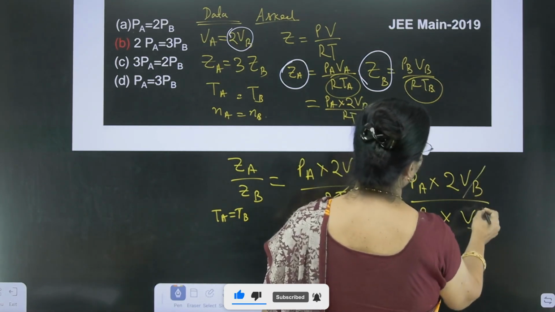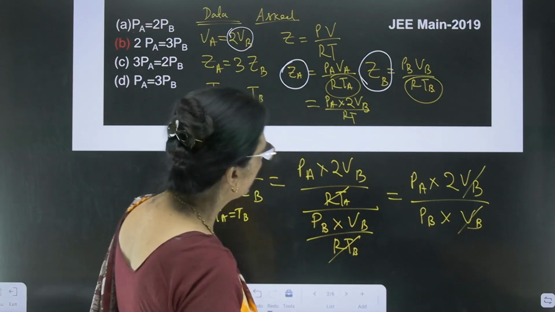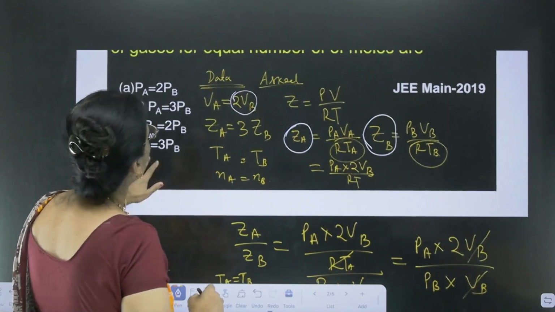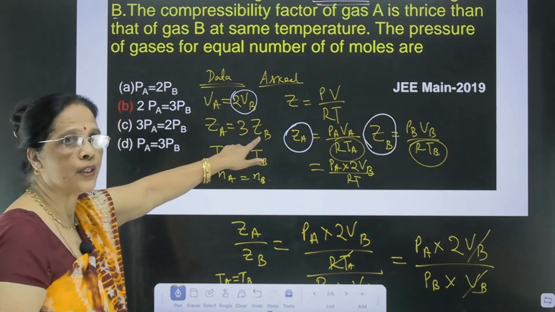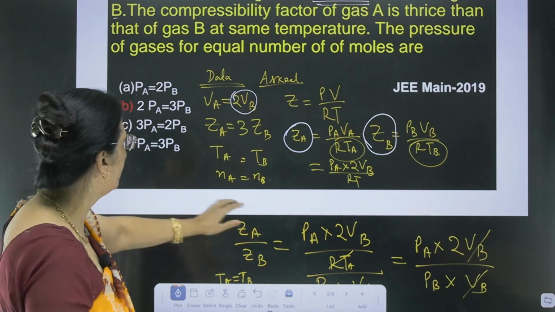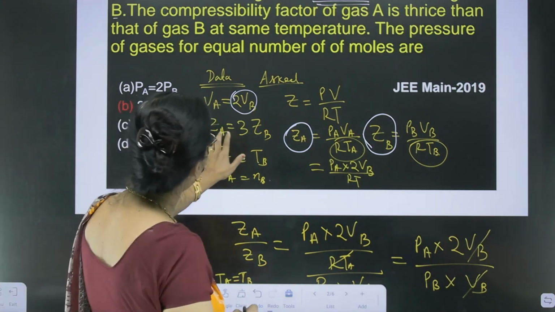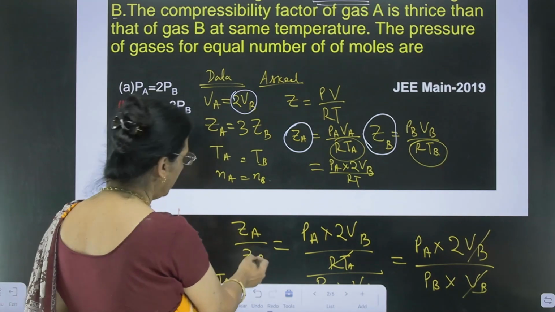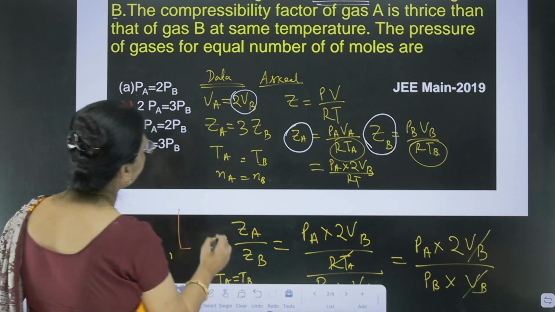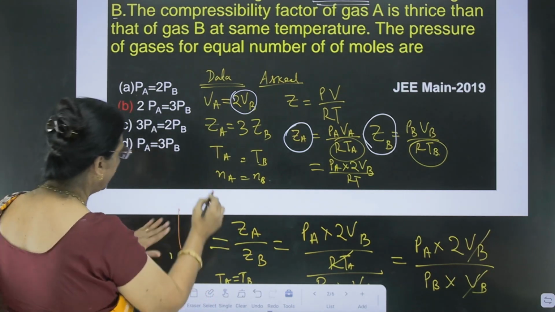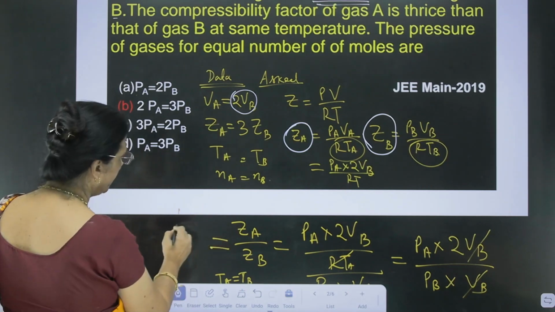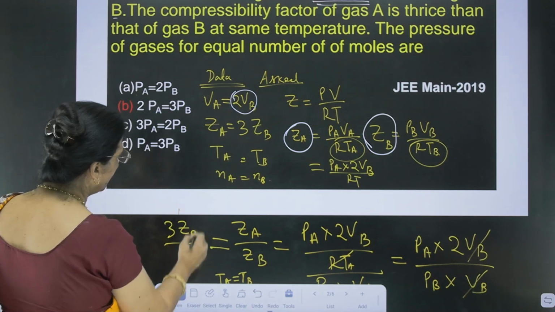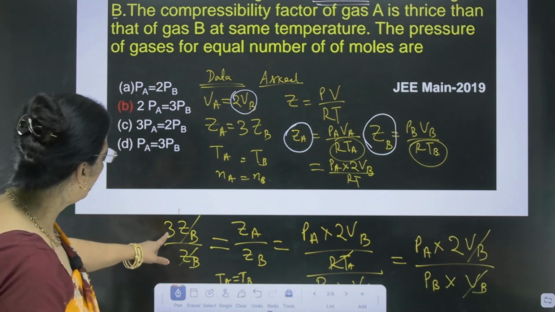Now VB will be cancelled. Another thing is given in the question also, ZA = 3ZB. This is another data we have to utilize. So ZA/ZB = 3ZB/ZB, so ZB is cancelled out and you will get 3.